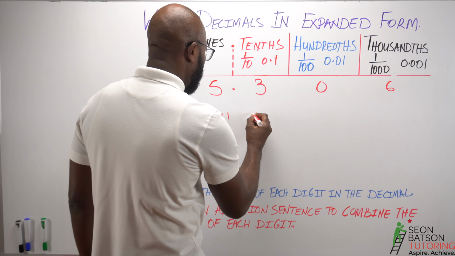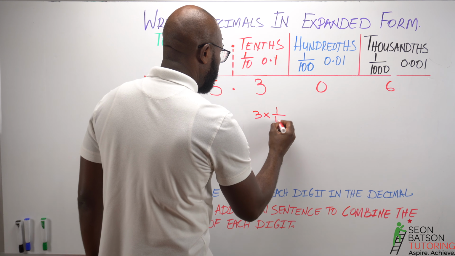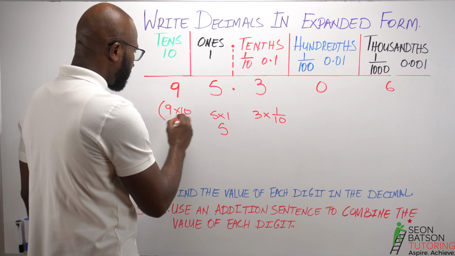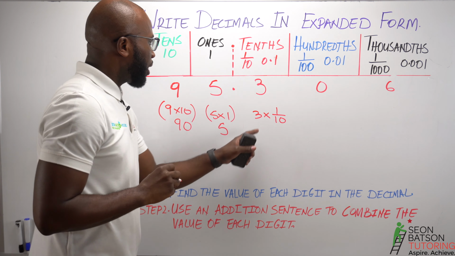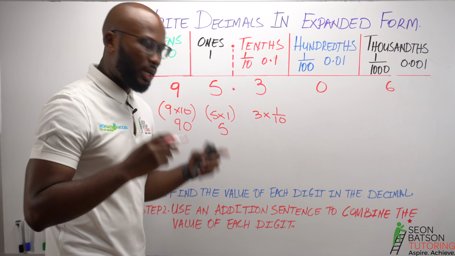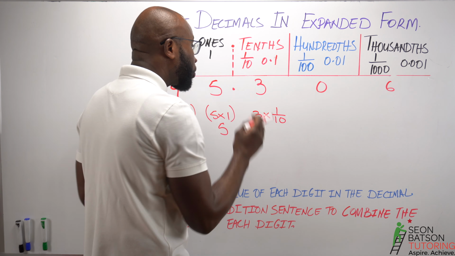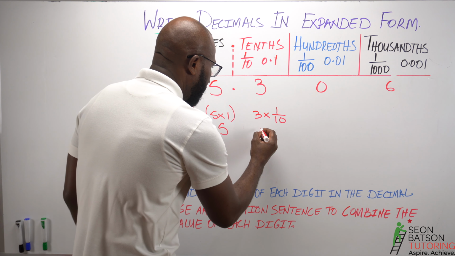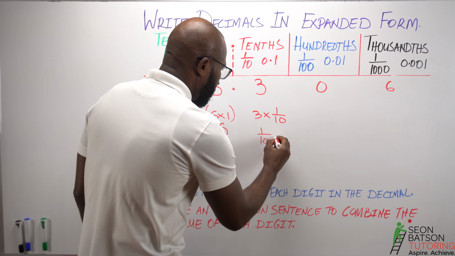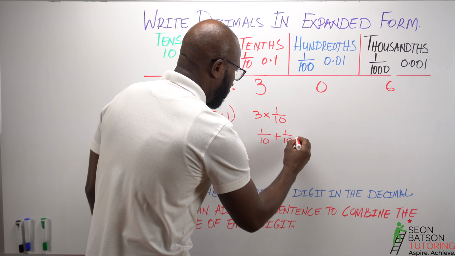So we'll multiply 3 times 1 over 10. Yes? And what is 3 times 1 over 10? Well, again, 3 times 1/10 simply means we have 3 1/10ths. We have 1, we have 2, and we have 3.